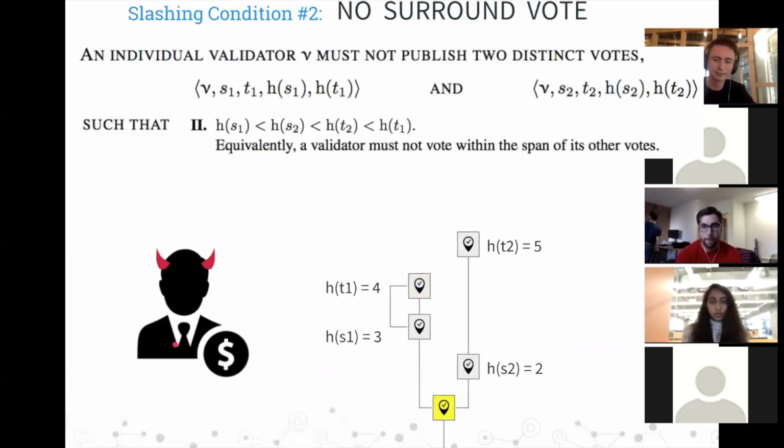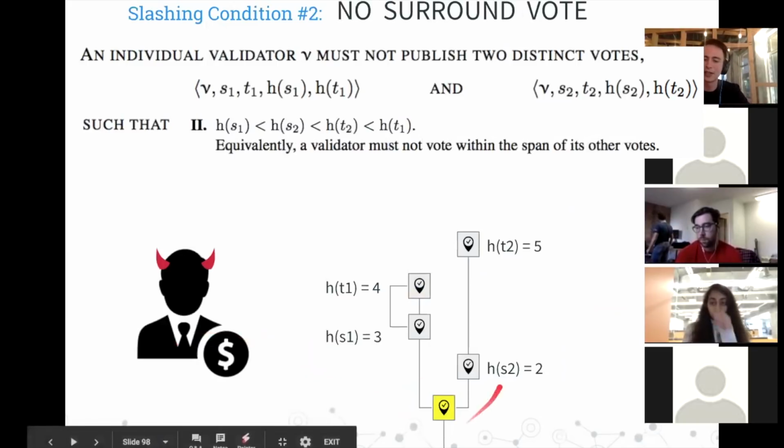Cool. So the second slashing condition is maybe slightly more complicated. I simplified the diagram just because it requires so many blocks. No surround vote, right? So basically what this means is you can't have this structure where one vote is completely surrounded by another vote.